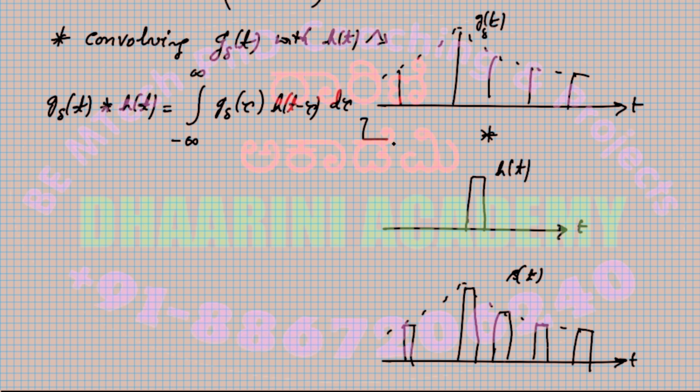Let me call this equation number 3 for our reference. Later on we'll come back. Now what we do here, we'll try to substitute the one equation which we had earlier.